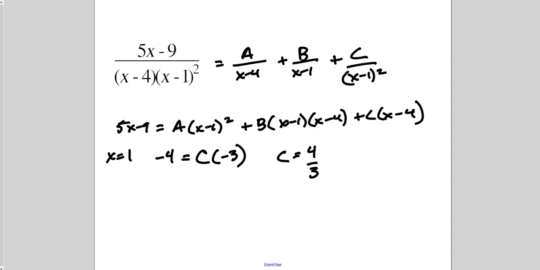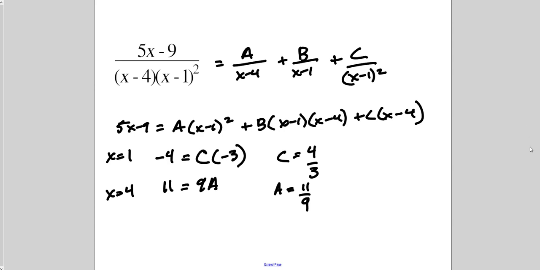All right, now we're going to set x equal to 4. When x equals 4, 5x minus 9 is going to equal 11. On this side, the b and c terms cancel out, and we end up with 9a, or a equals 11/9.